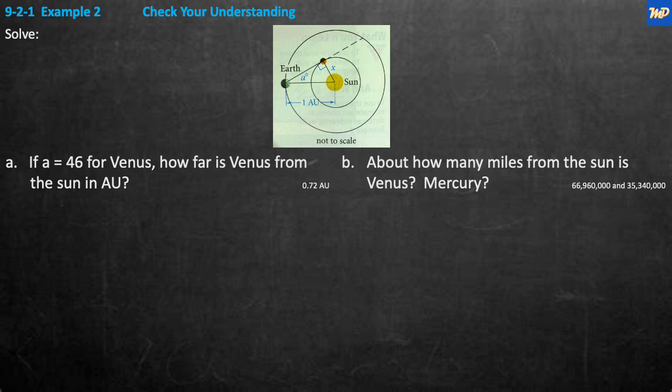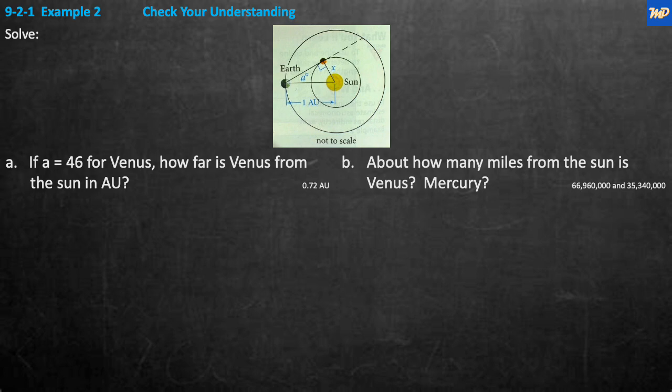Okay, example 2, check your understanding. So they want us to solve the same problem we just did in the previous slide. We're saying that if A, the angle that we've talked about before, from the center of the sun to the center of, in this case, Venus, when it's at a point that is tangent to the orbit of Venus, is 46 degrees, how far is Venus from the sun in astronomical units?